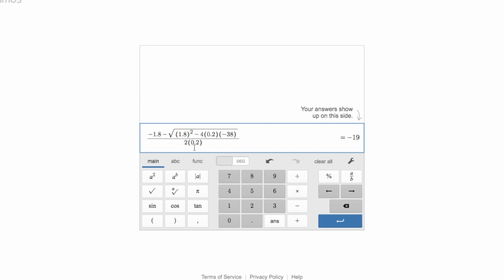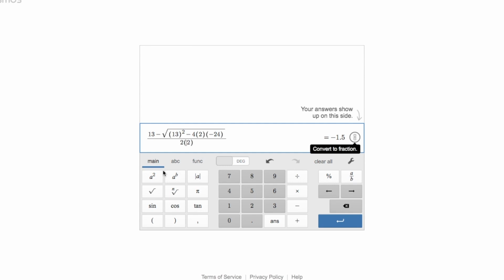I actually have this last example up, so I'm just going to replace some things. So positive 13. I'll do minus first because that's what's there. And then 13 squared. And then minus 4 times 2 times negative 24. All over 2 times 2. All right, so one of my values is negative 1.5.